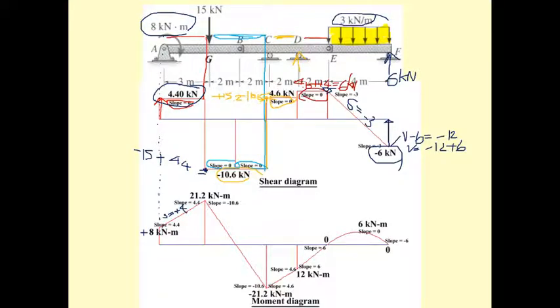And the value of the moment here is going to be M here, and over here plus S, it's going to be minus 8, and then it's equal to the area of the shear diagram between the two points.